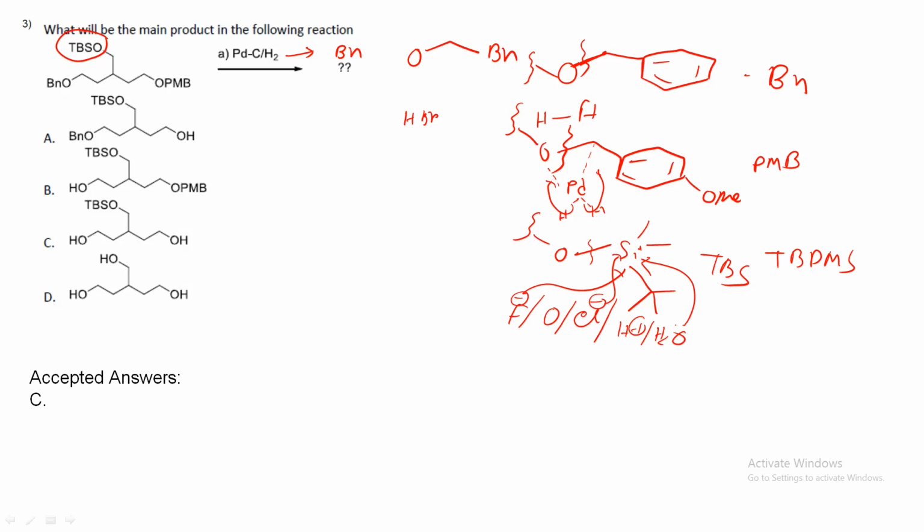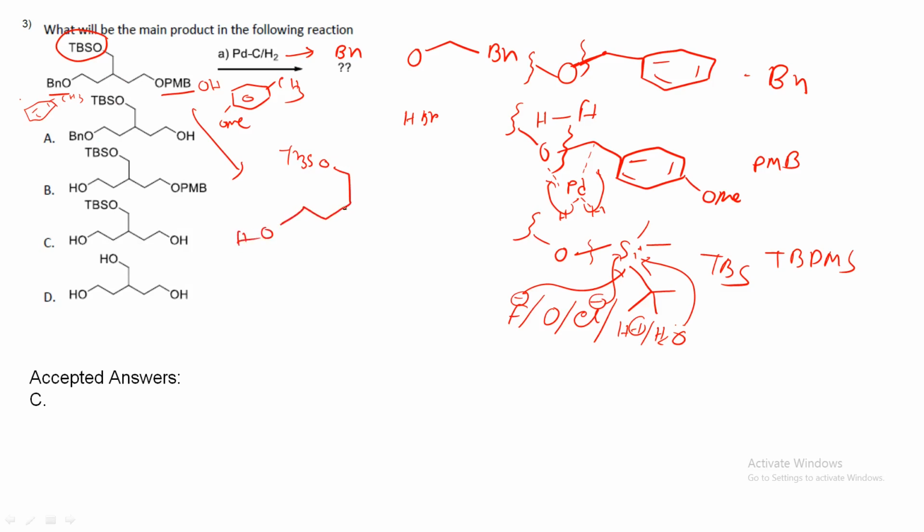With this condition, this should not survive, so it would generate the alcohol, and the byproduct would be CH3. Again, benzyl will not survive this, and it would generate the OH and a toluene type of molecule. So in the product the TBS would be unreacted, and it would be OH, and also OH.